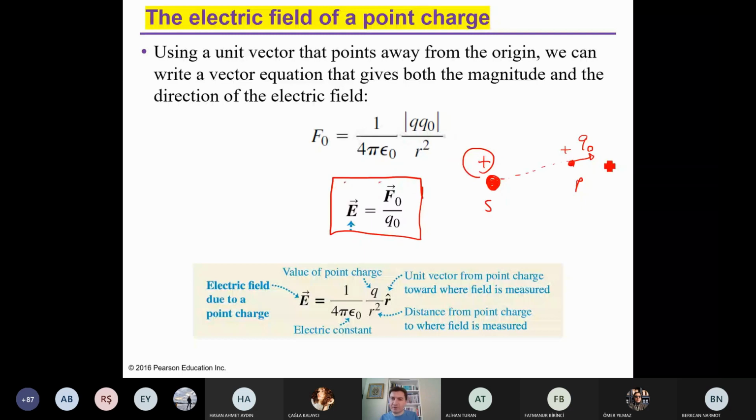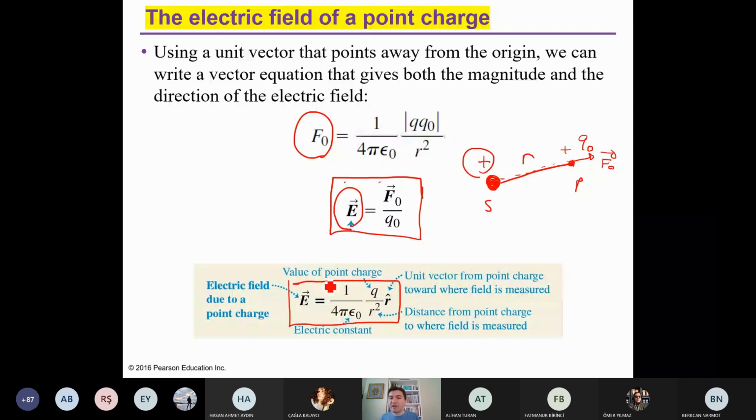This is given with F0, and here we have distance R, okay? Then electric field is given with this expression. If you divide this F0 by Q0, then you can get expression for the electric field at P point here.